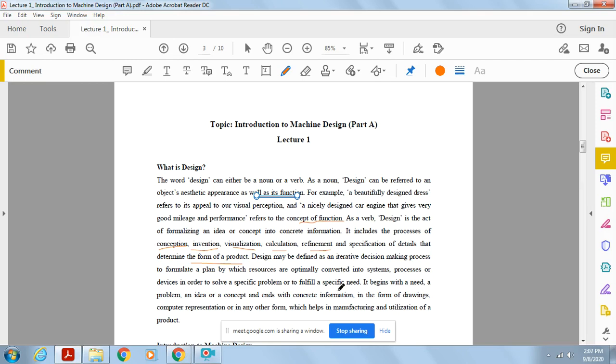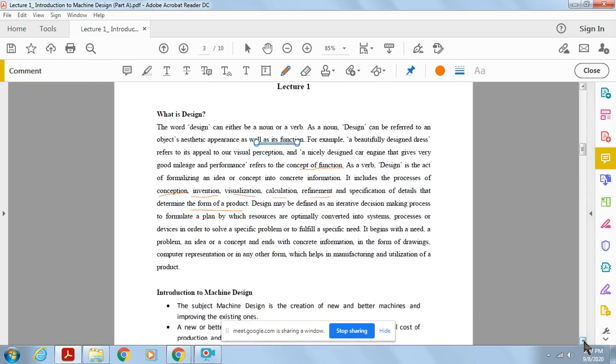Now design may be defined as an iterative decision making process to formulate a plan by which resources are optimally converted into a system, process or device in order to solve a specific problem or to fulfill a specific need. That is the most important thing. Why should you design?